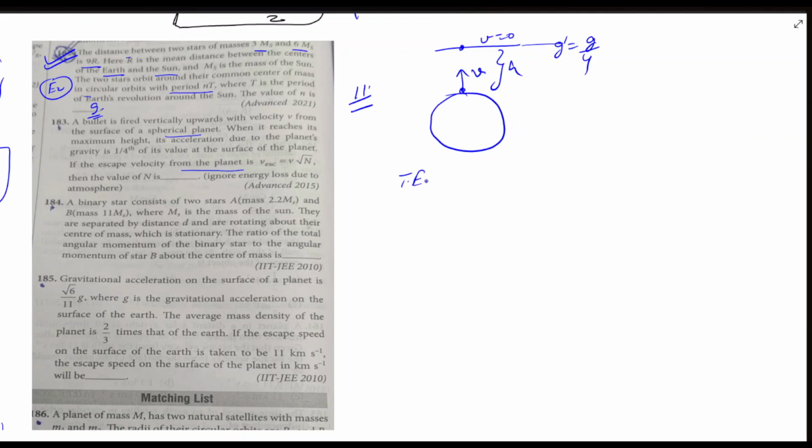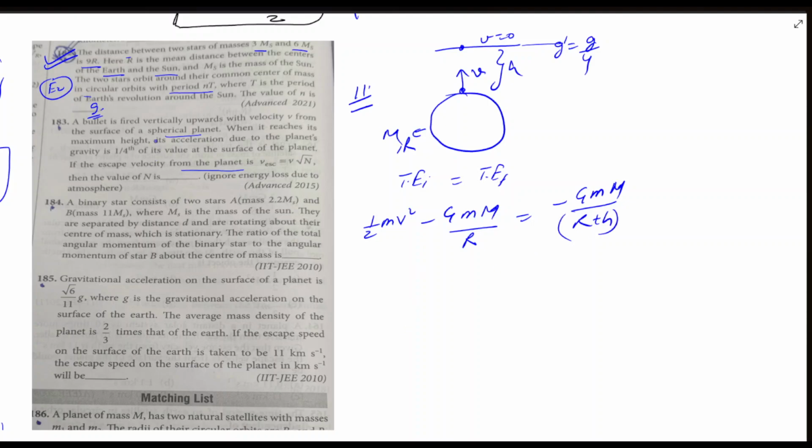So total energy initial is equal to total energy final. So initial we have half mv square minus G m capital M upon capital R, where this is the planet whose mass is capital M and its radius is capital R, will be equal to the final energy, which will be minus G small m capital M upon R plus h.